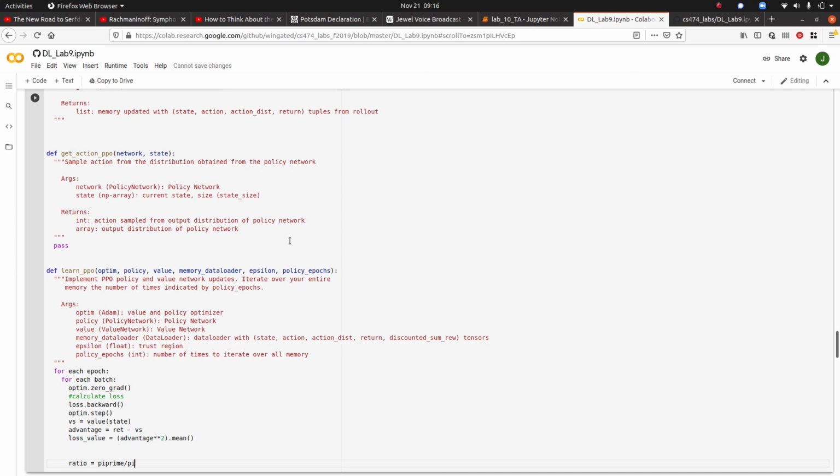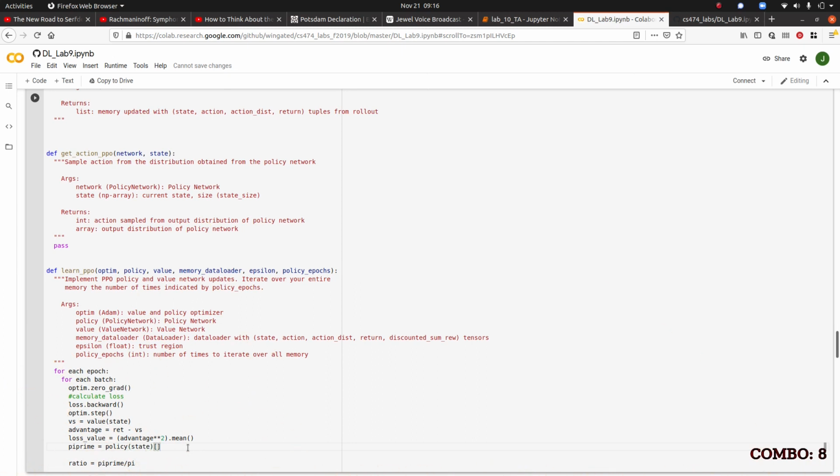So we can say pi prime equals the new action distribution. And how do we get the new action distribution? We take our policy gradient, or our policy network, and we pass in the state, and that's going to get our action distribution.